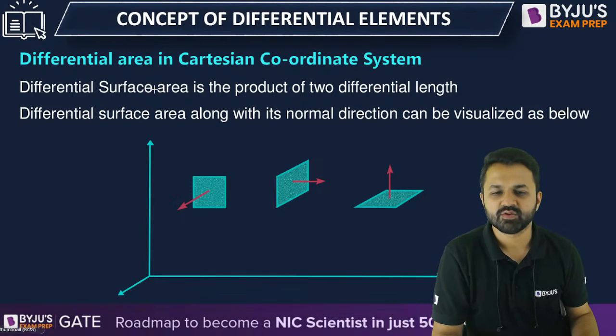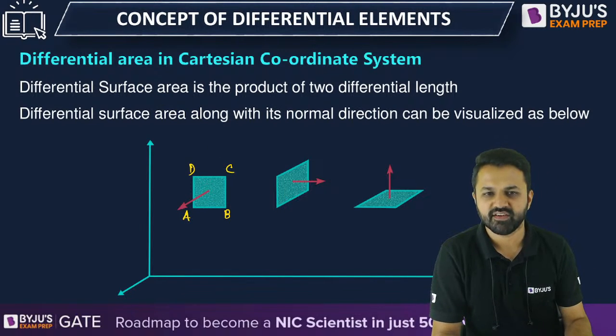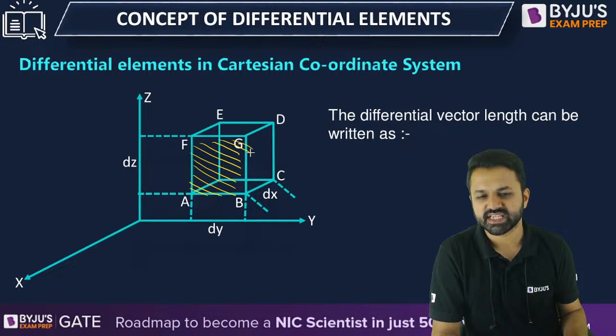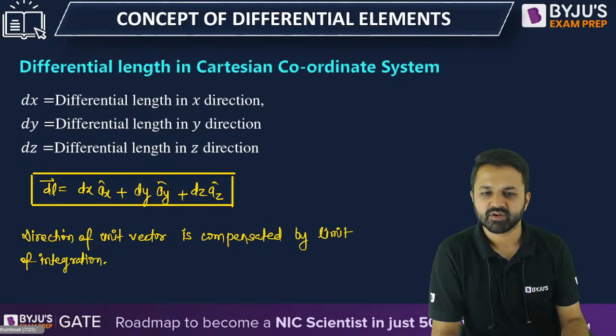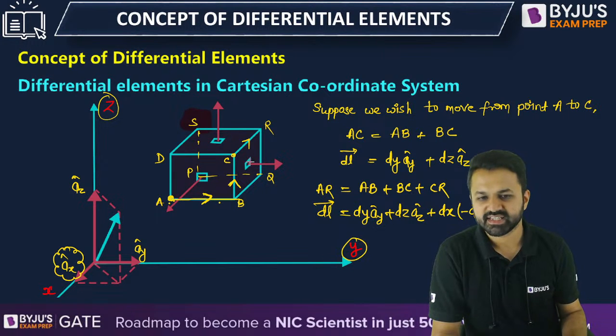Now let's come to the differential surface. Suppose I take the front surface of the cuboid that we have taken, that is the differential volume. This is the front surface, which I am representing as ABCD, as denoted in this diagram. This is the side surface, which is BQRC.